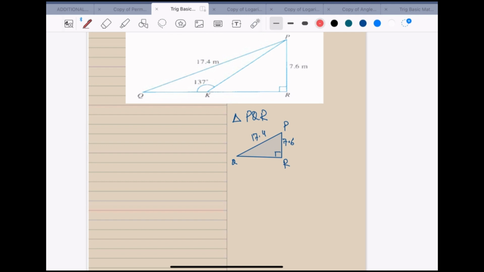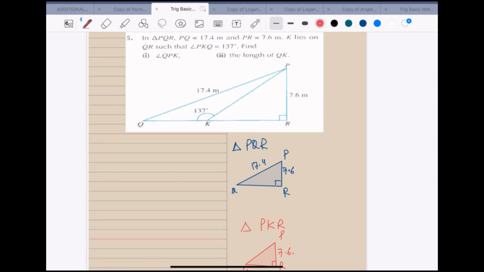The other right angle triangle that I can construct is triangle PKR. So this here is PRK, this is 7.6, and what we need to find out is QPK.